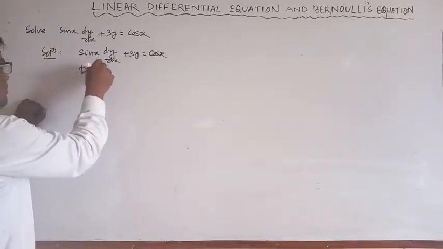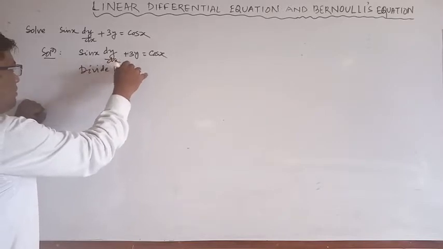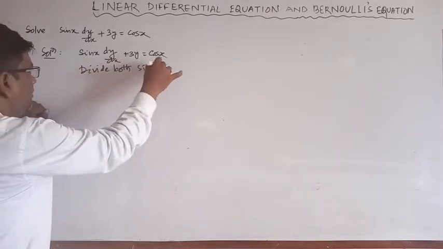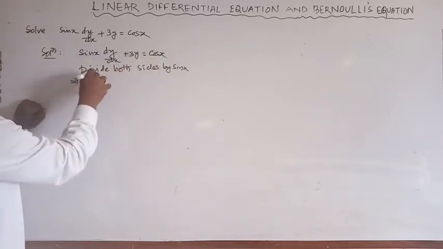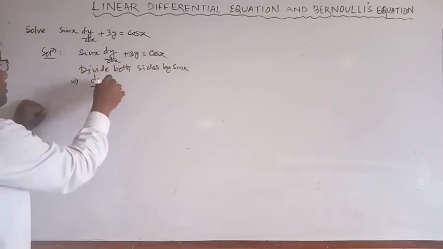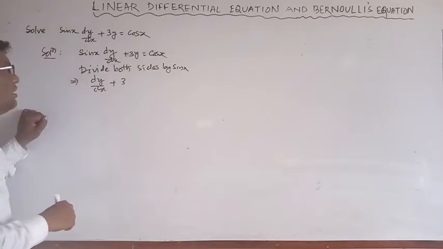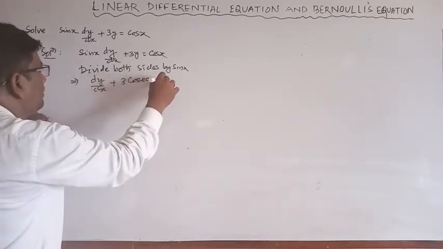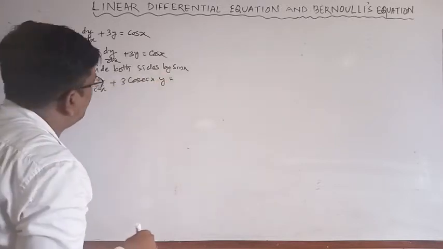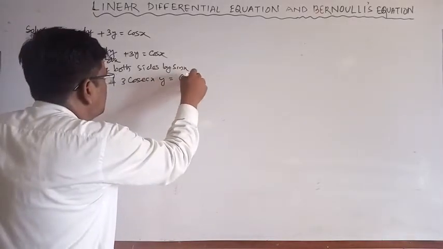Dividing both sides by sin x, we get dy by dx plus 3 by sin x, that is 3 cosec x, into y is equal to cos x by sin x, that is cot x.